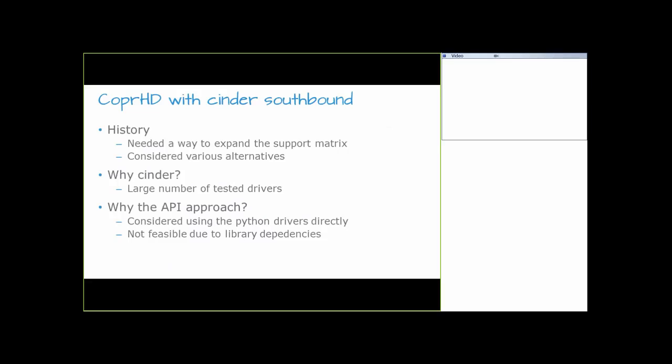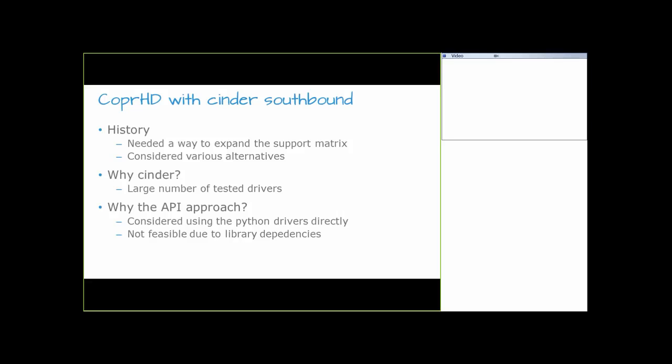For a lot of the arrays, we didn't have the information in terms of the programming spec, etc. And even if we had the spec, it was just physically impossible to put so many engineers to write so many drivers. So we wanted a way to expand the support matrix. And by looking at various alternatives, we said, why not use Cinder?